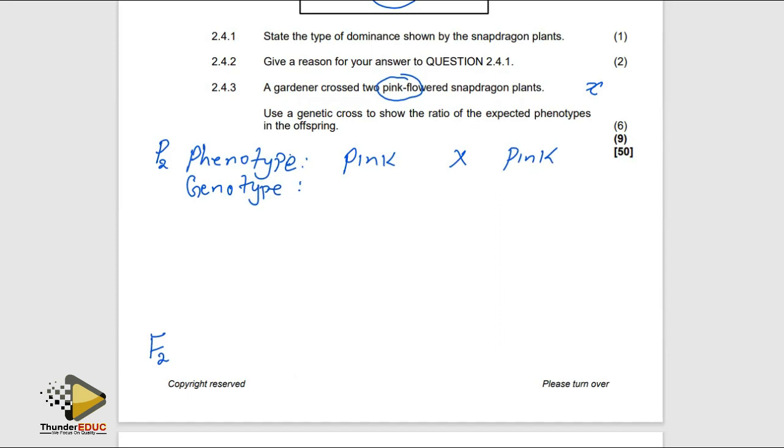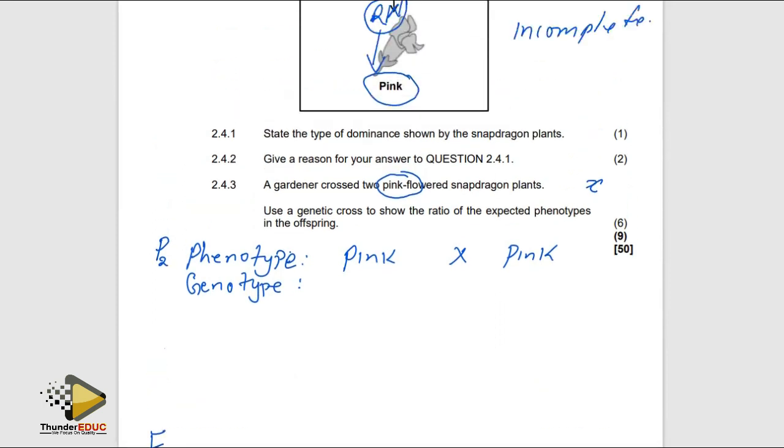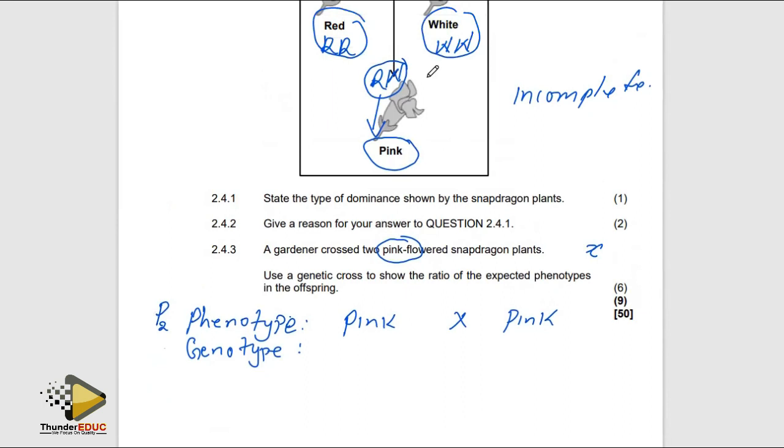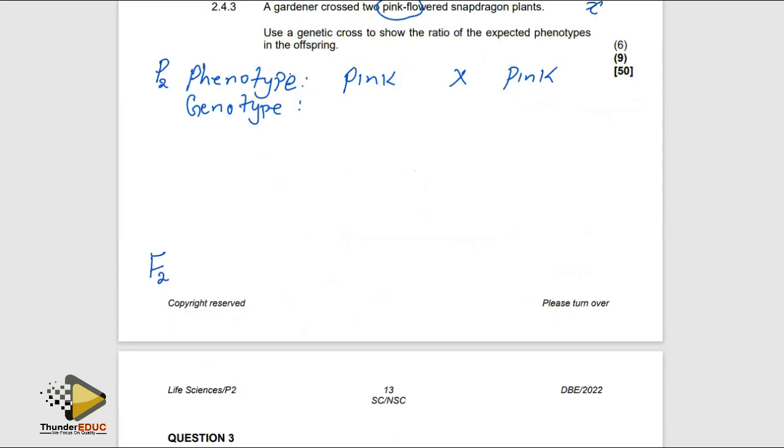We have seen it here: capital R, capital W. Therefore we say it is capital R, capital W crossed with capital R, capital W. Now these must separate under meiosis, so you write the word meiosis.